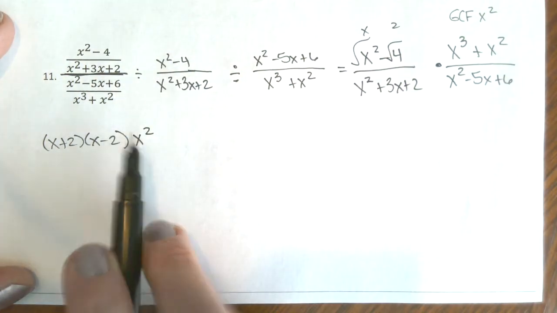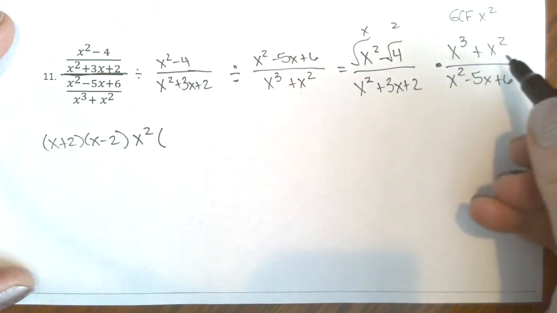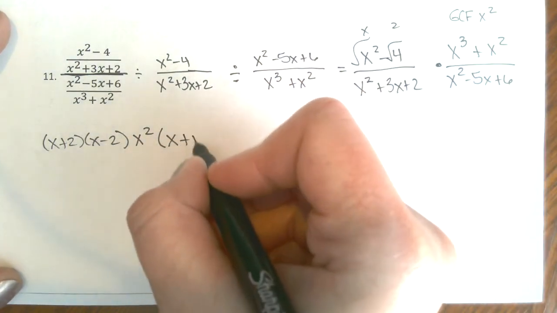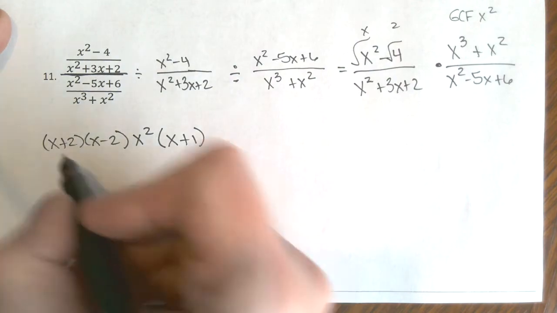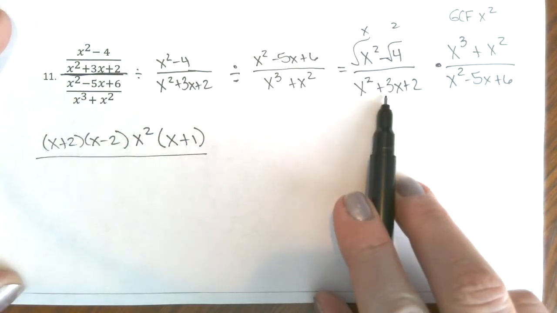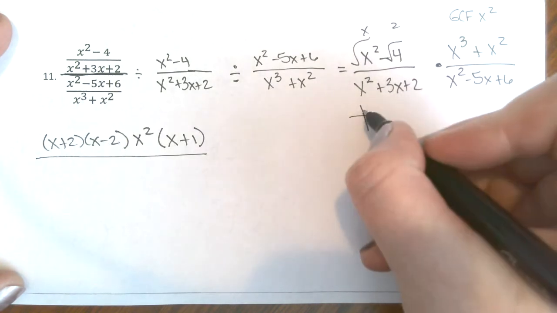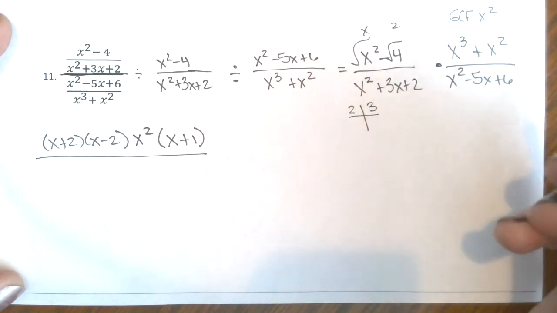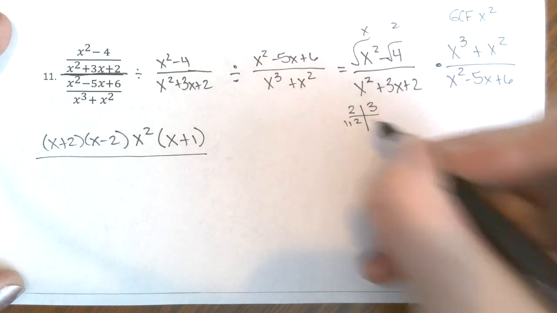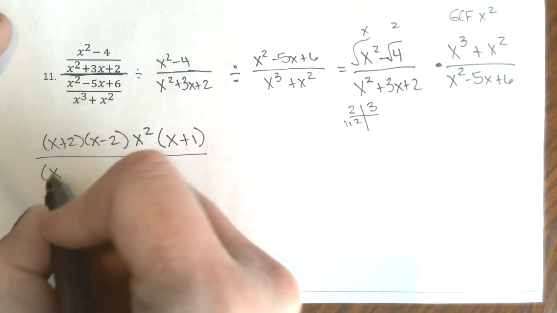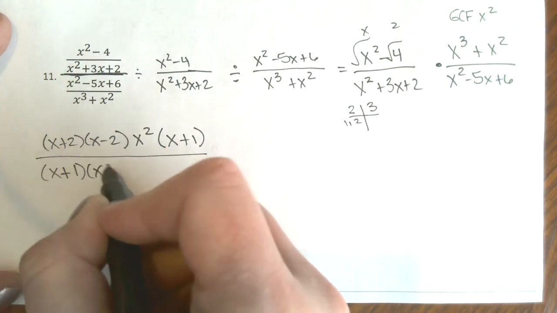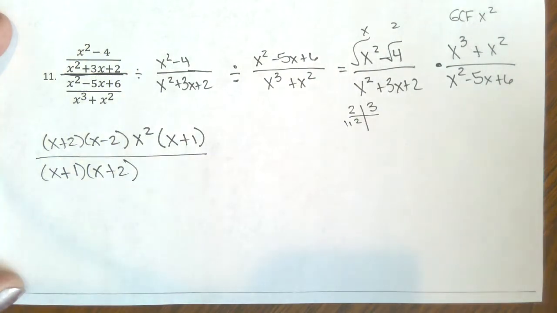So I'm factoring out my x squared, and then what's left over? x plus 1. Denominator. What are my factors? Or you can make an ACB chart. What are my factors of 2 that add to 3? And that would just be 1 and 2. So this denominator factors as x plus 1, x plus 2.